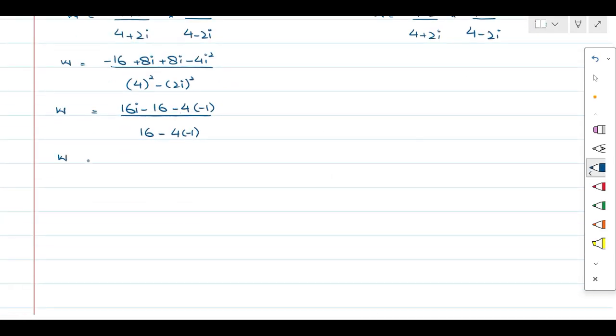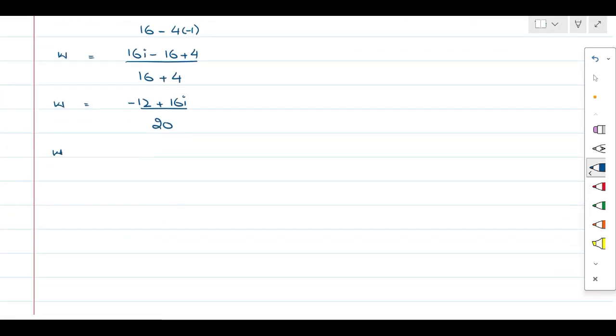Okay, further simplification, w would be equal to 16i minus 16 plus 4, divided by 16 plus 4. So w would be equal to, from minus 16 plus 4 is negative 12, plus 16i, and here we divide by 20. Now w here is minus 12 over 20 plus 16 over 20 i.